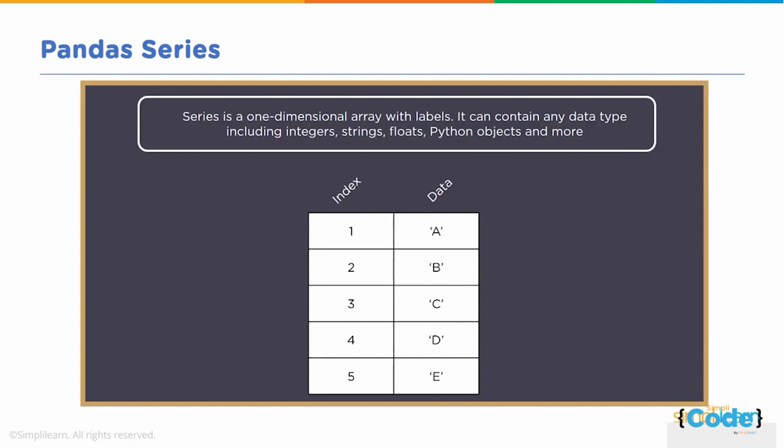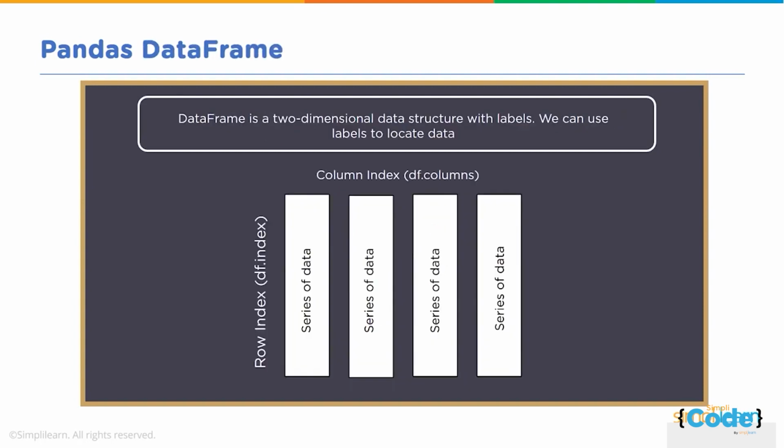And you can see here we have our index 1, 2, 3, 4, 5, and then our data A, B, C, D, and E. Very straightforward. It's just 2 columns, and we have a nice index label and a column label for the data. And then a data frame is a two-dimensional data structure with labels. We can use labels to locate data. And you can see here, if we go back one, we had our index 1, 2, 3, 4, 5.